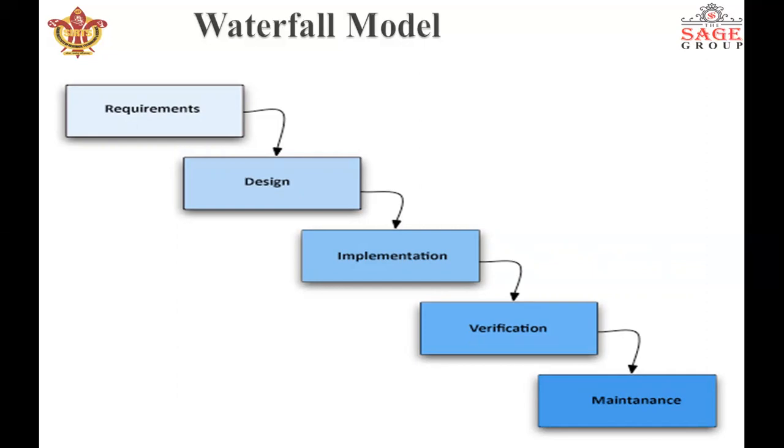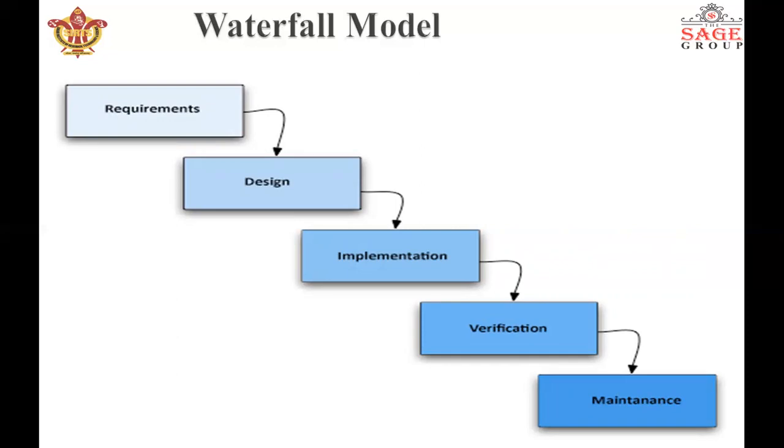After we complete the designing part, we go to the implementation part, that means which language we are going to use, and which platform we are going to implement on, and with the help of coding we implement that software. When we complete that phase, we go to the verification phase.